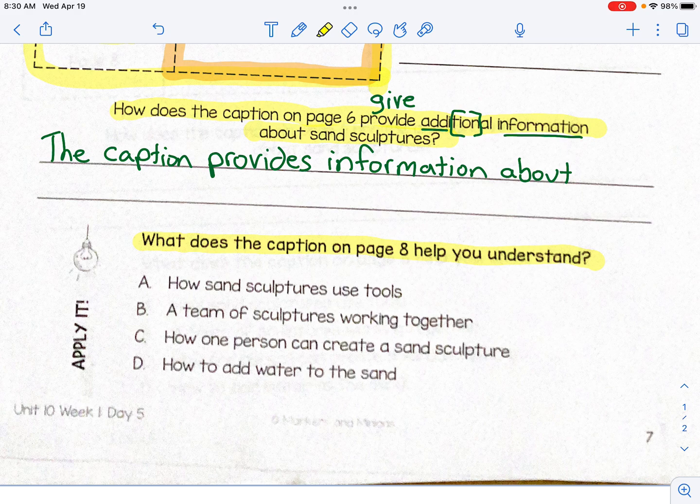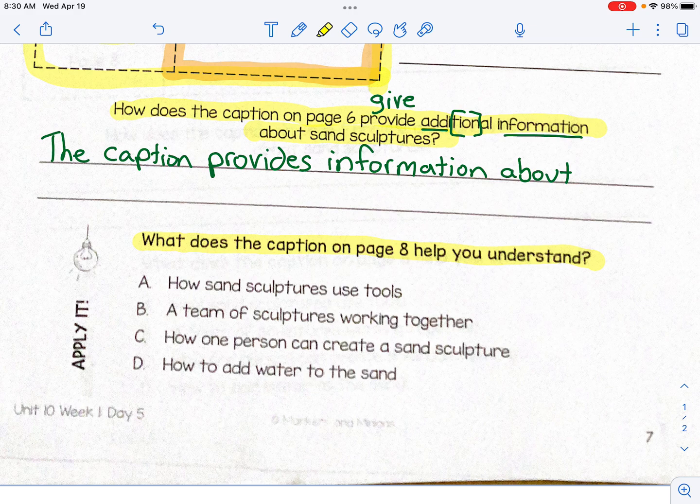Let's look at our answer choices. Does the caption on page 8 help us understand how sand sculptors use tools? Does it help us understand how she's using the tools? If not, put an X next to it. If you think it could be right, put a check at the end.